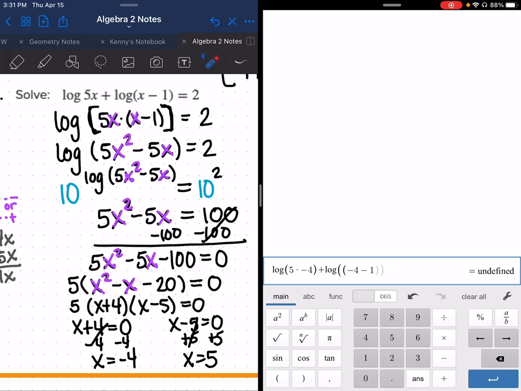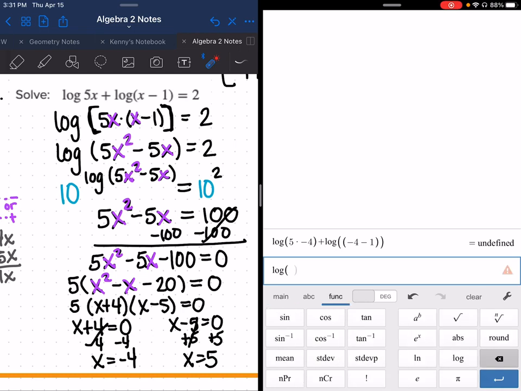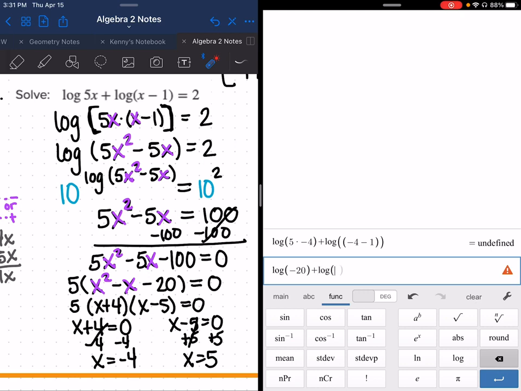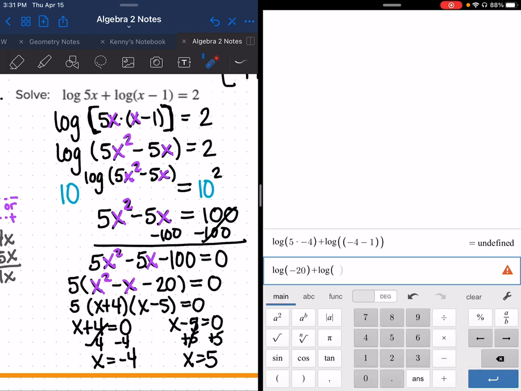I don't think I put it in wrong. I really don't. Well, okay, maybe I'm thinking I put it in wrong. So let's put it in this way. 5 times -4 would be -20. There we go. Plus log of -4 minus 1 would be -5.